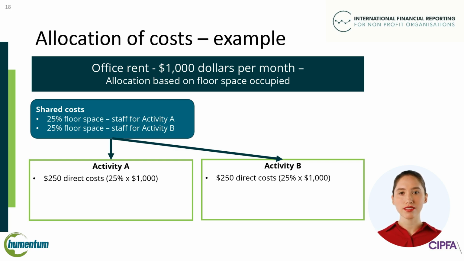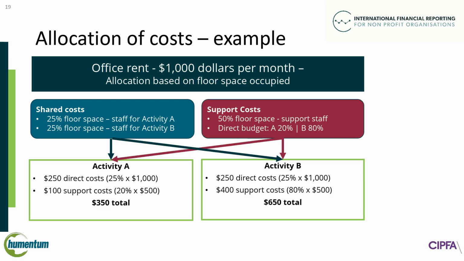These are shared costs that are allocated based on the area of space occupied by each staff member or team. In this example, 25% of the floor space is occupied by staff working on activity A, and 25% is occupied by staff who work on activity B. As a consequence of charging the rent costs to direct activities, $250 is charged to activity A, and $250 is charged to activity B.